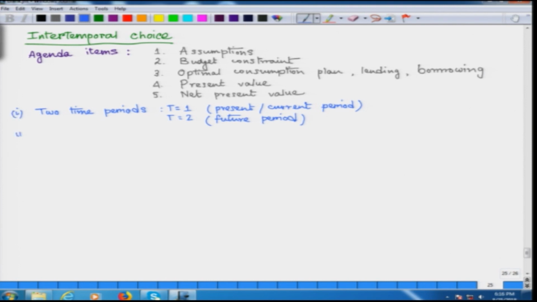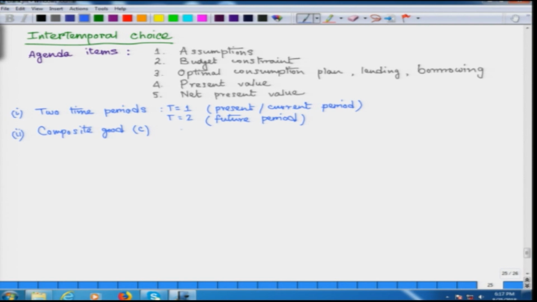Assumption number 2 is that earlier we have spoken about at least two commodities that the consumer used to consume. Now we are going to assume that there is a composite good, which is basically a combination of all goods denoted by C that is to be consumed in two periods.